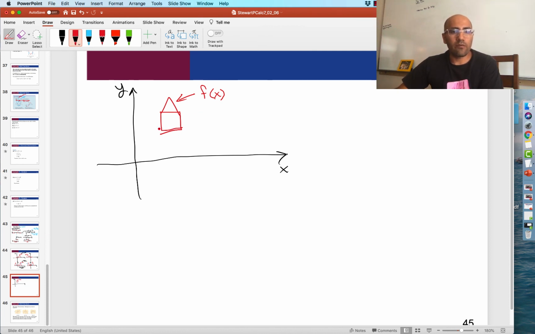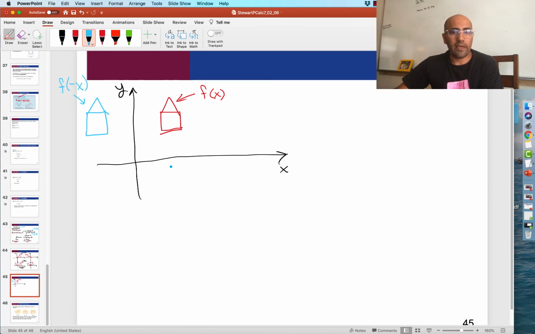Okay, what would be the reflection of this house across the y-axis? If I reflect it, it would end up being a little house over here on this side. So it would come over here and come this way and go like that. This one would be equal to f of negative x, a reflection across the y-axis.